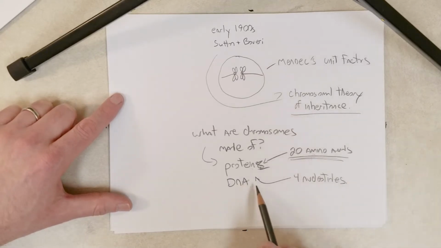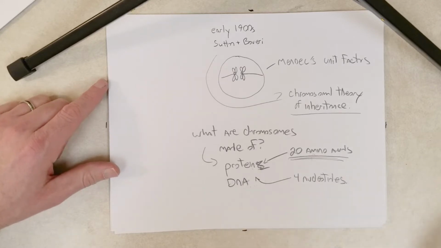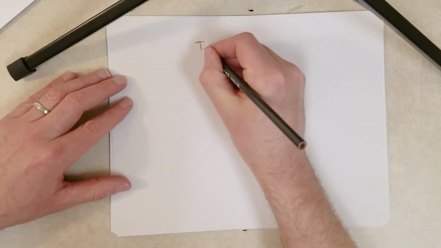Another thing working against DNA in the minds of most scientists at the time was the tetranucleotide hypothesis.